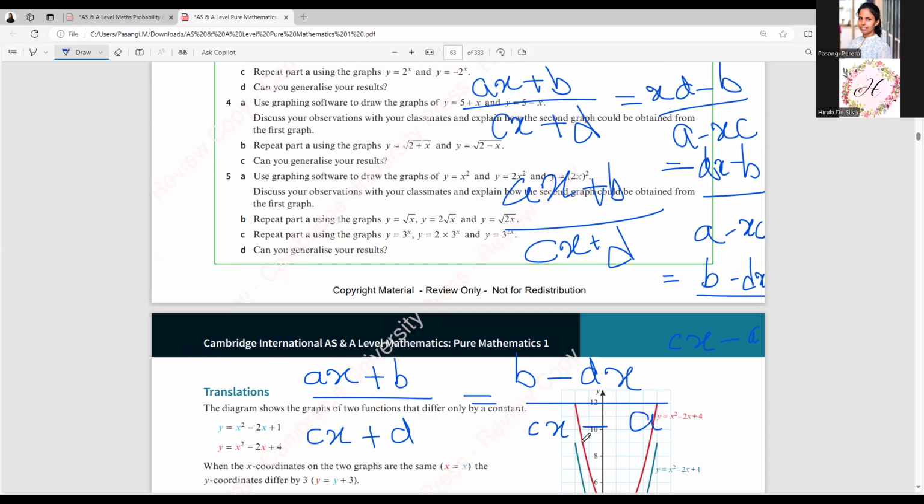So for the denominator, d should equal minus a. That's true. So there's one condition there. So the denominators will be equal.